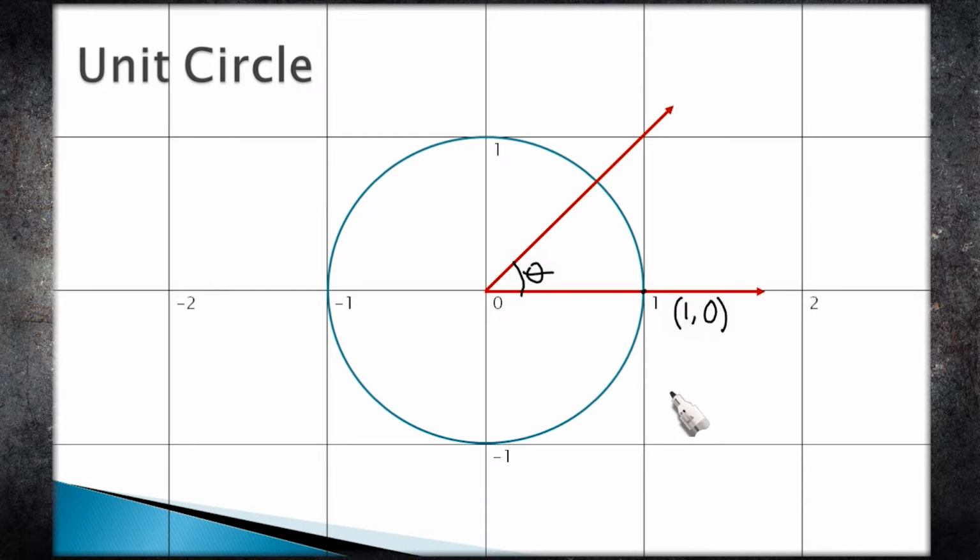Now notice up here that the terminal line also intersects the circle, but the point where the terminal line intersects up here is not known. So we're just going to call it a, b. And obviously you can see that a, our x value, is less than 1, and b, our y value, is also less than 1. We don't know what those values are yet, but we do know they're less than 1.